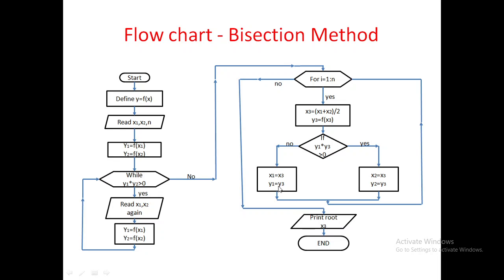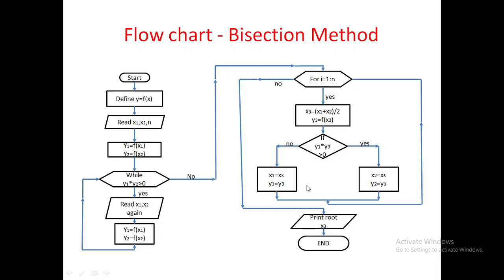If no, then check that y1 should be positive, y2 should be negative, and y3 should be again positive. Then y1 has the same sign as that of y3, so replace x1 with x3 and y1 with y3.